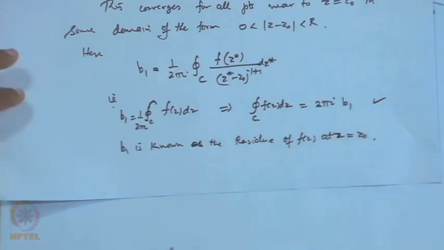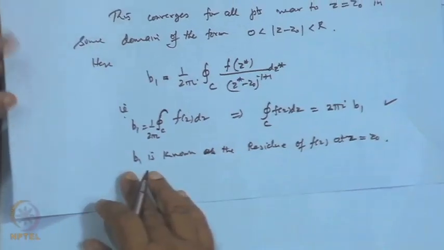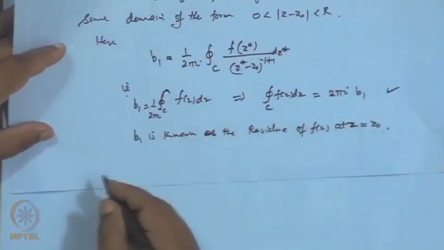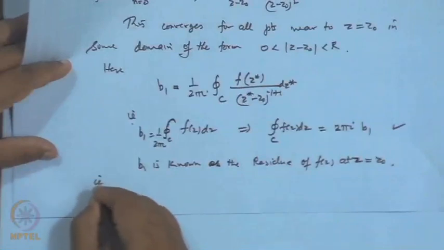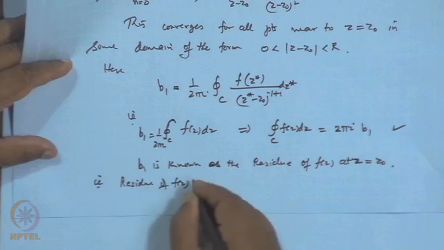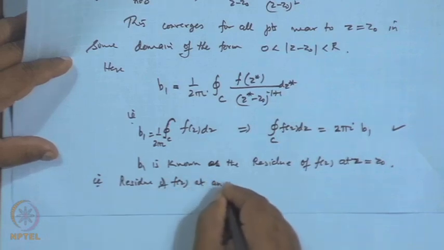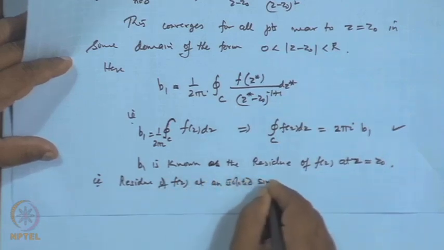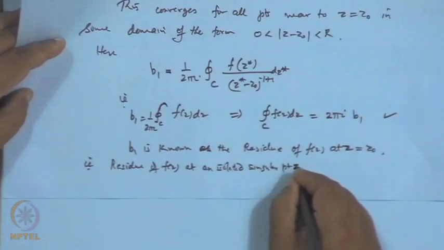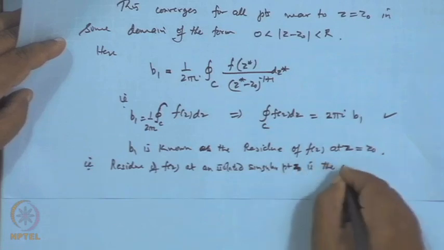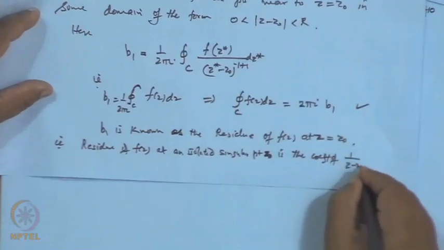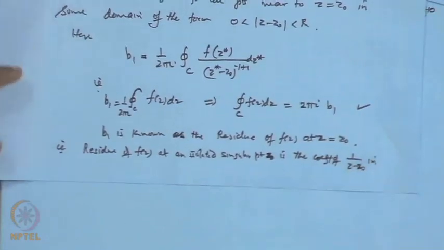So we define the residue of the function f(z) at an isolated singular point z naught as the coefficient of 1 over z minus z naught in the expansion of the Laurent series.